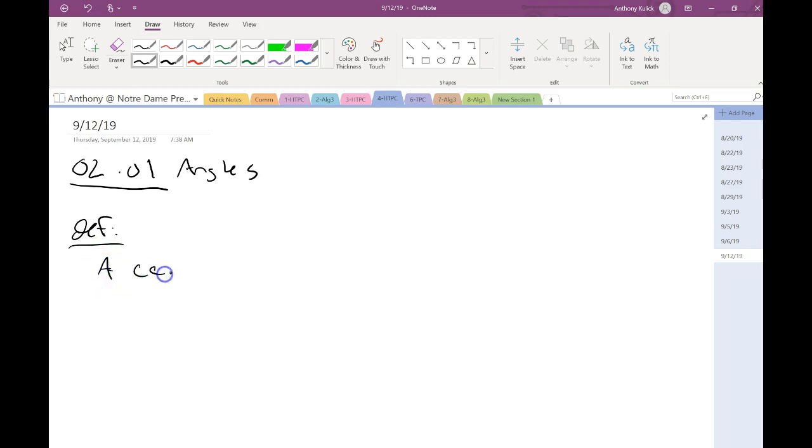So if we have a central angle, we can measure these in radians.